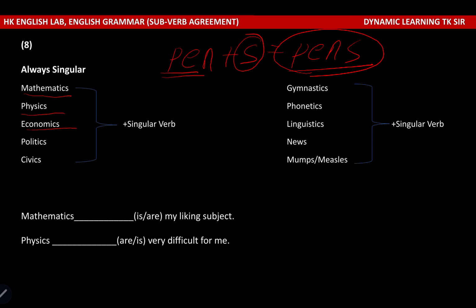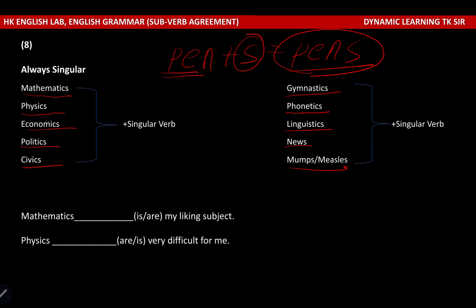Physics, economics, politics, civics, gymnastics related to your gym, like doing yoga. Phonetics is related to how to pronounce a word. Linguistics is learning about the language. News, mumps, measles are the names of some diseases.